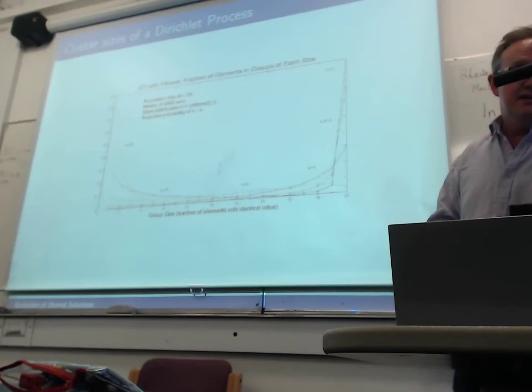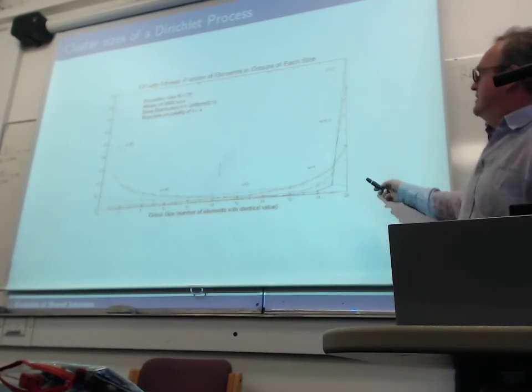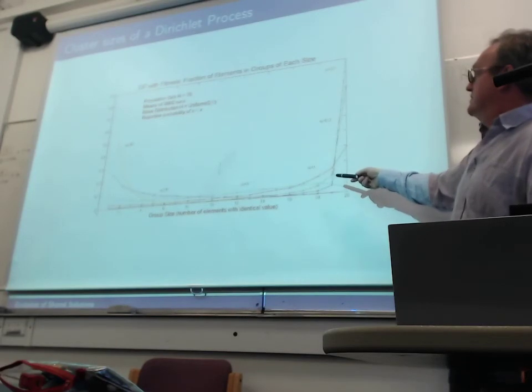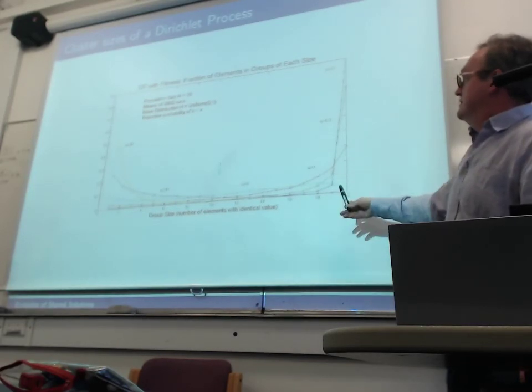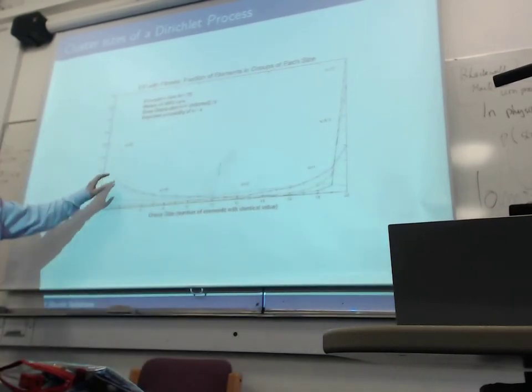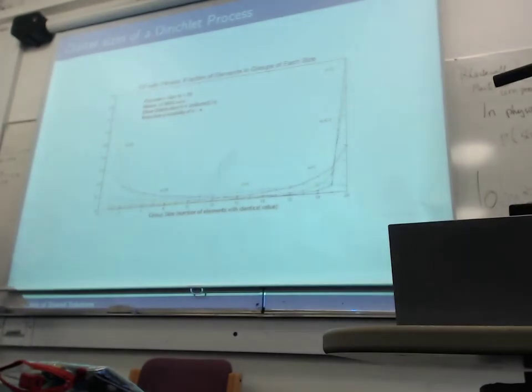Let's look at this. This gives you the group size. This gives you the fractions of elements by group. In your urn, the urn has 20 balls. A group is a set of balls with the same value.